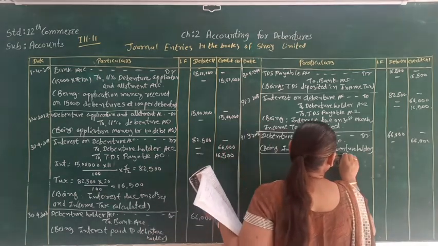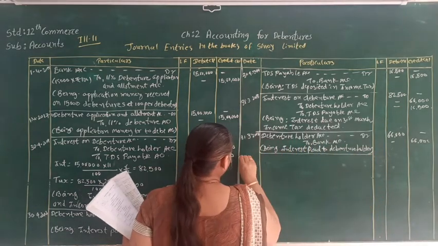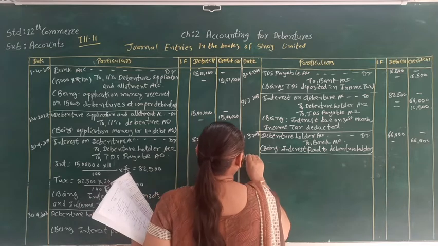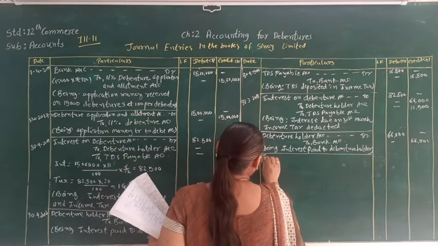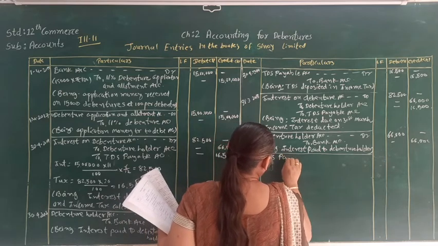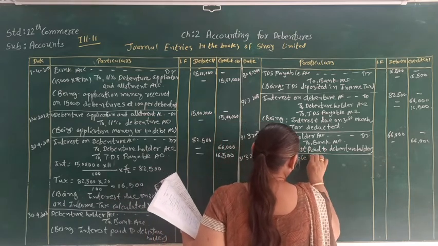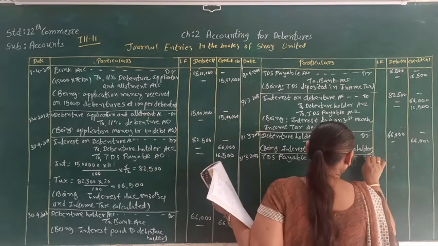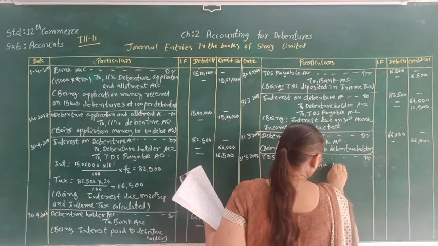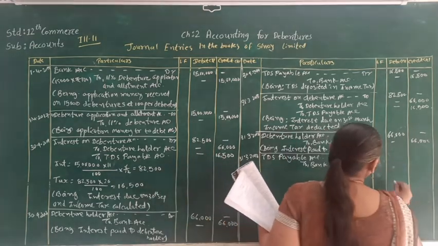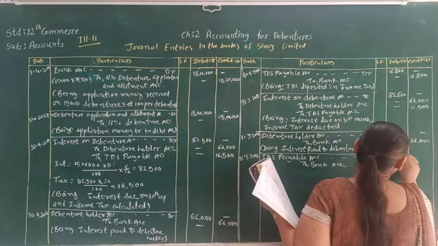Now let's pass the next journal entry for paying the tax. 31st March 2018, TDS payable account debit to bank account. Here the amount will be 16,500.